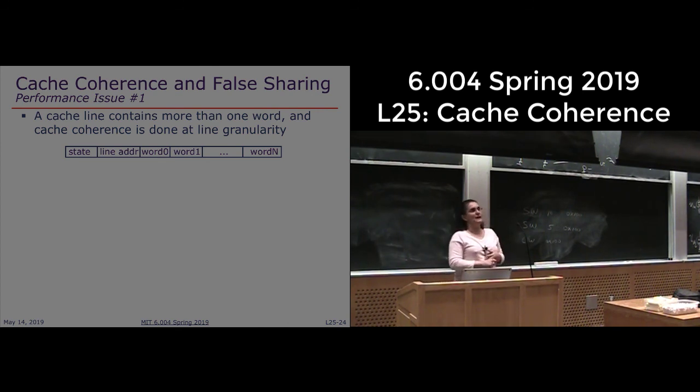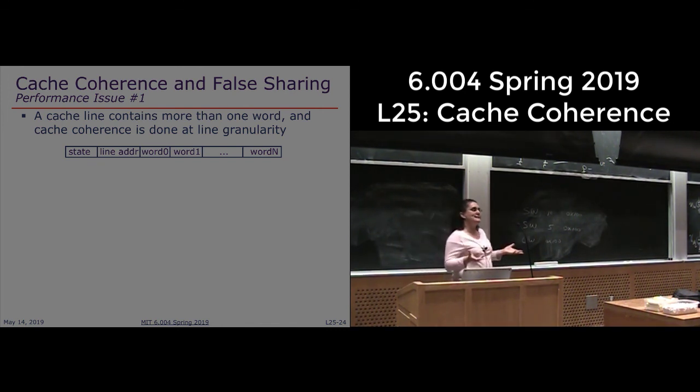We talked about cache coherence. There are more of these that come up, and I wanted to bring up one more to get you thinking before we wrap things up. The issue here is what we call cache coherence and false sharing.